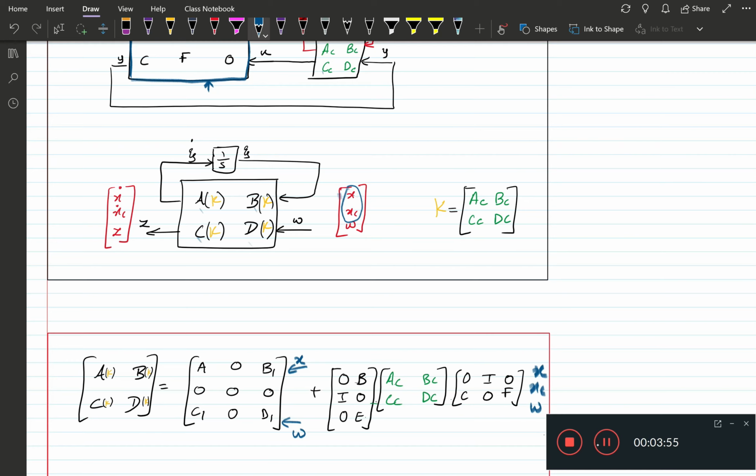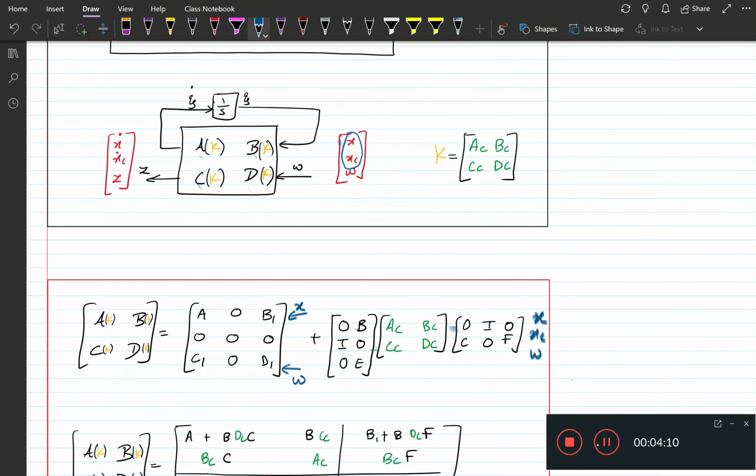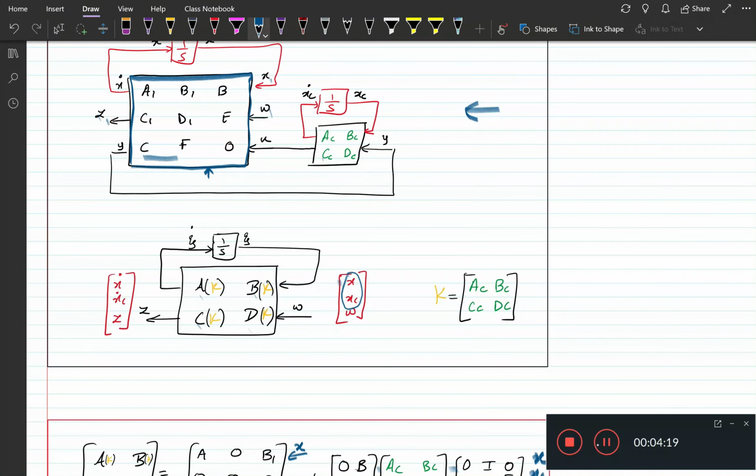So we have this first row picks out XC and brings it here, and the second row is C times X plus F times W, and that you can see here is just Y. So the controller is getting XC and Y as input, and the outputs are XC dot and U. So if you observe here, we have B and E multiplying the U. So BU is going into X dot and EU is going into Z.